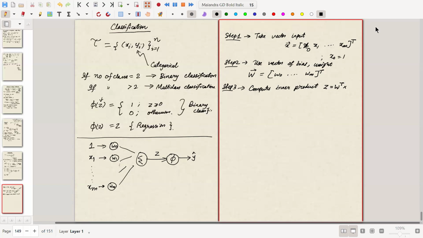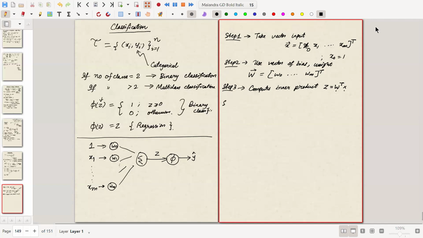You can see this notation there. So this is a vector, this is a vector. If you do W transpose x, it's just like turning W transpose. See, W is a column vector. W transpose turns it into a row vector. X is a column vector. Now you have a row vector multiplied by a column vector. You can easily multiply this times this. Then you will get a scalar, z.